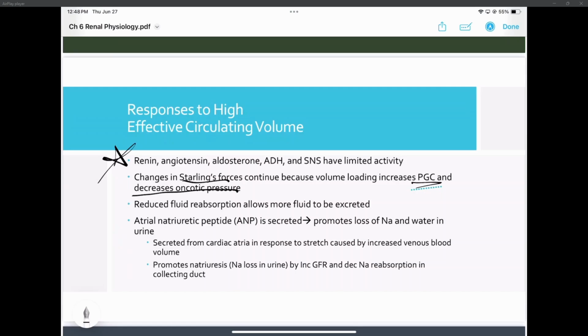High volume, high hydrostatic pressure. Whenever you think of hydrostatic pressure, it's always volume pushing out, remember? So it's the volume of blood. If you have more blood, more hydrostatic pressure. They always go together. This causes reduced fluid reabsorption and allows more fluids to be excreted. Is that what we want?